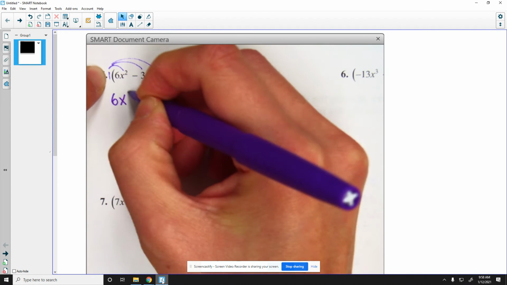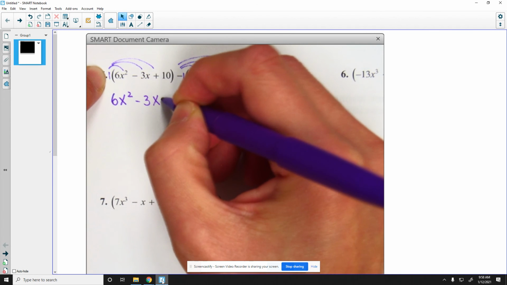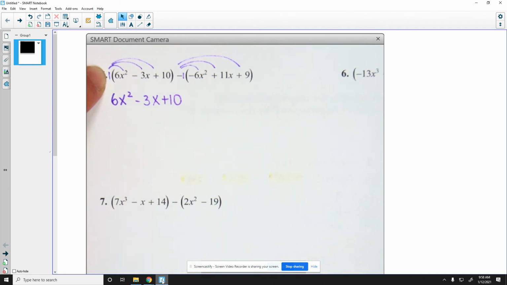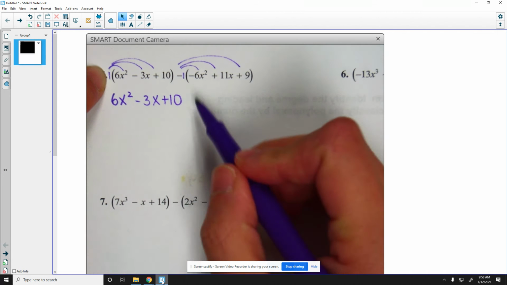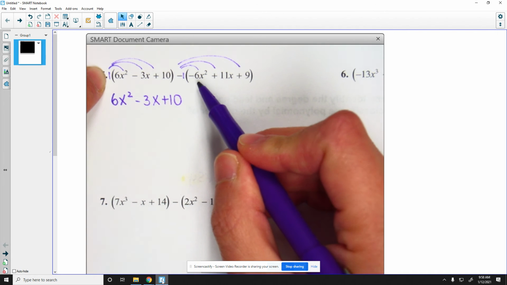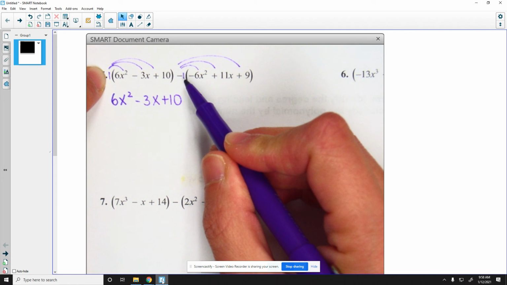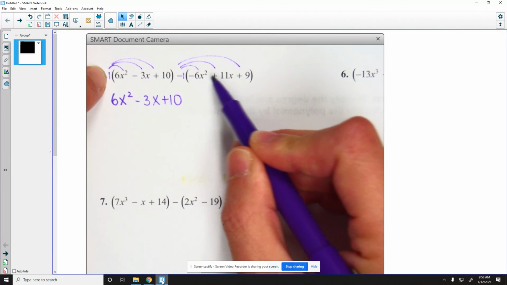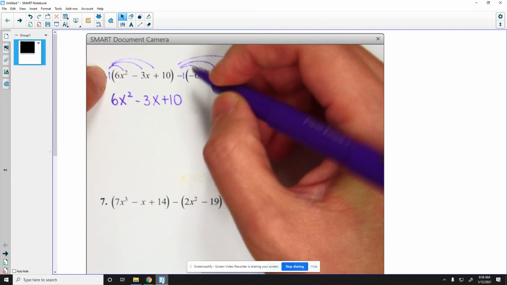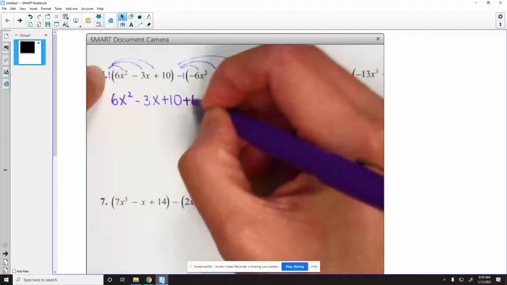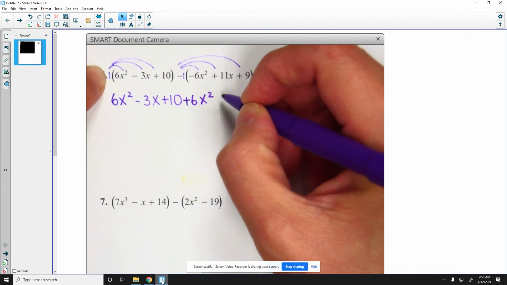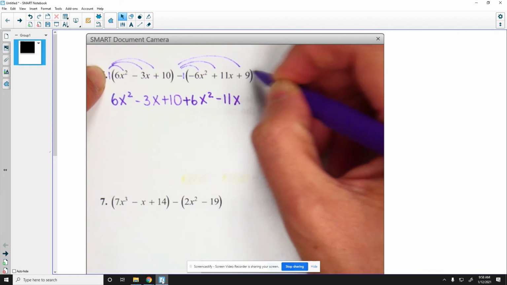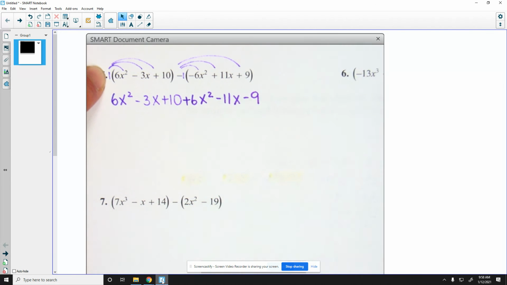So I'm just going to recopy the first group of parentheses. And then for the second group of parentheses, I can't just recopy it because I'm no longer distributing a positive 1. It's not a plus, it's a -1. So I'm rewriting it with the opposite symbols. So instead of a minus 6x squared, I have a plus 6x squared. Instead of a plus 11x, it's a minus 11x. Instead of a plus 9, it's a minus 9.